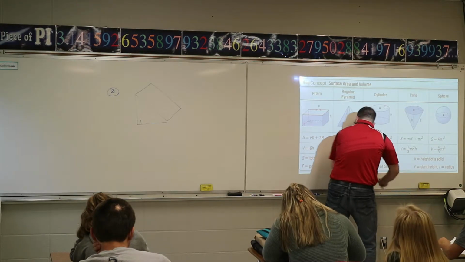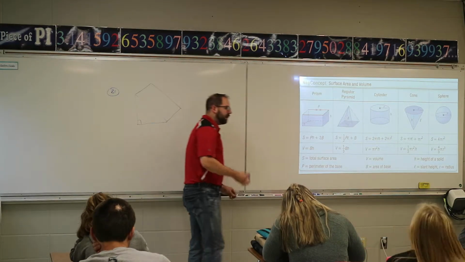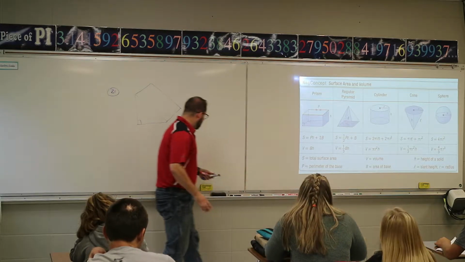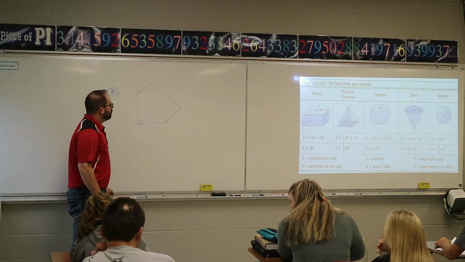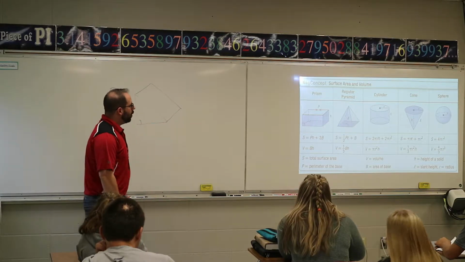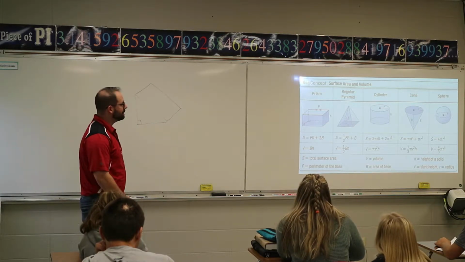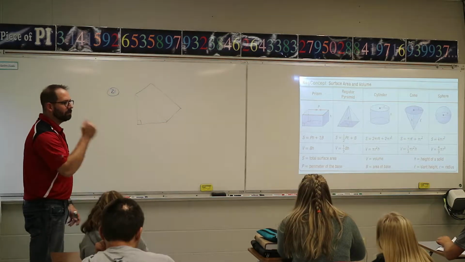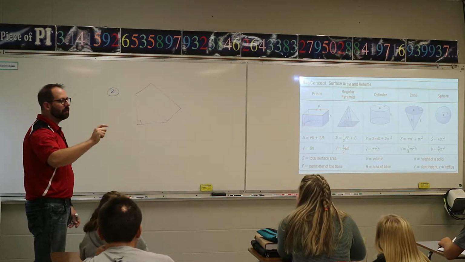This problem is not one of those. It asks for surface area and volume, and the problem is knowing how to actually calculate it. Because if you look at my list here, what type is it, out of the 4 or 5 that I have up there? It's a prism. It's a triangular prism, not a pyramid.